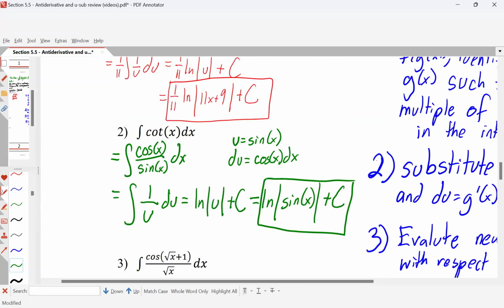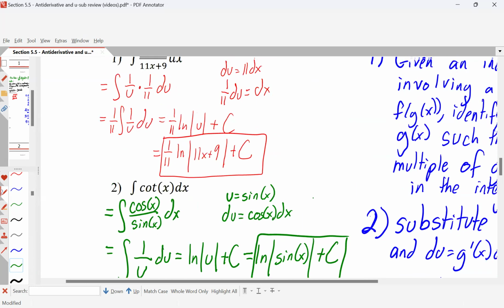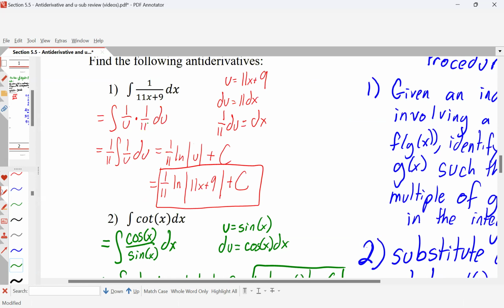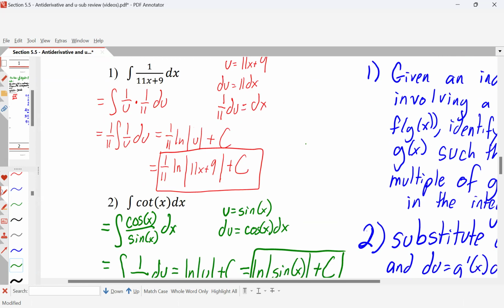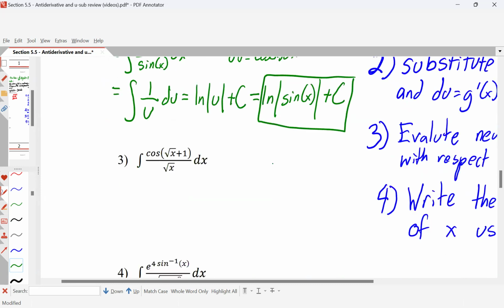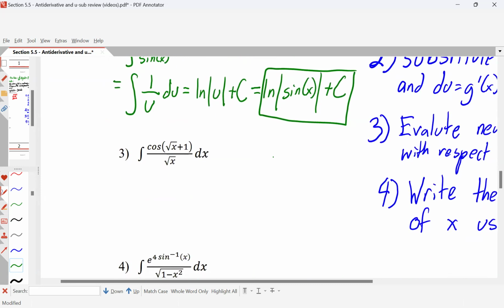In the previous example, we had the derivative of the denominator and the numerator, or a constant multiple of the derivative in the numerator. The derivative of square root x is not square root x plus 1 or involving cosine in any way.